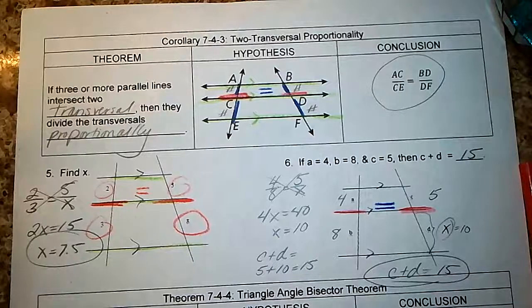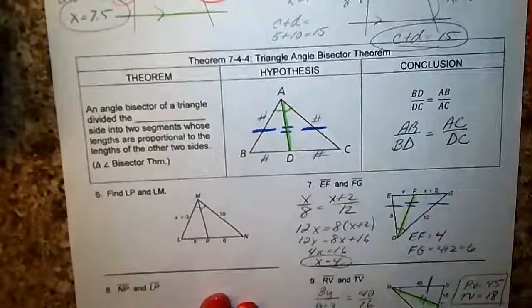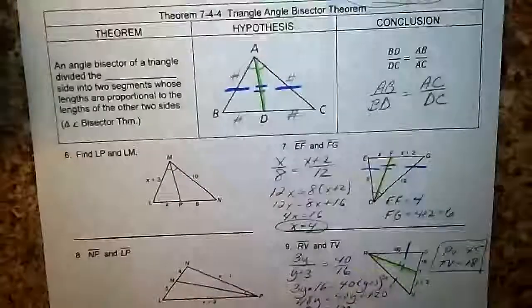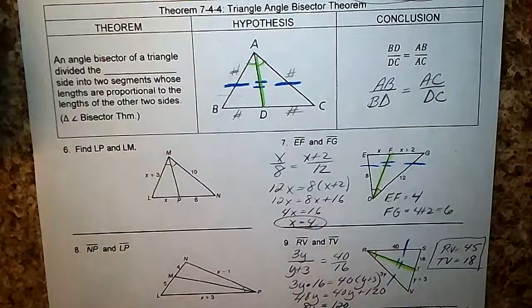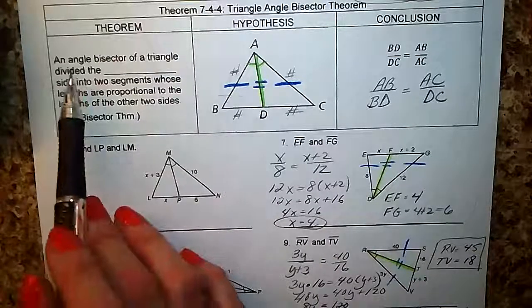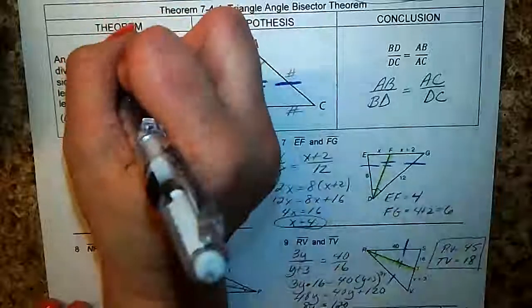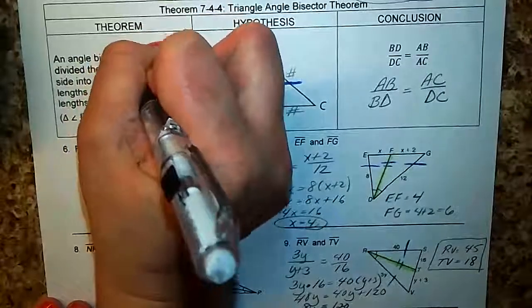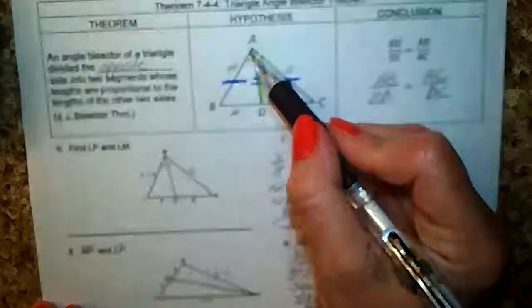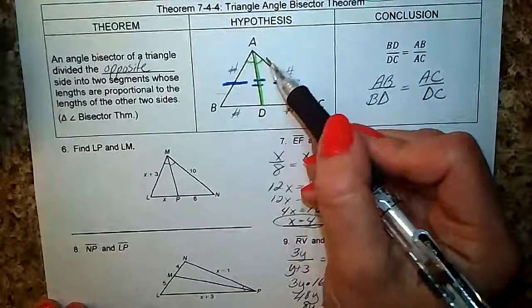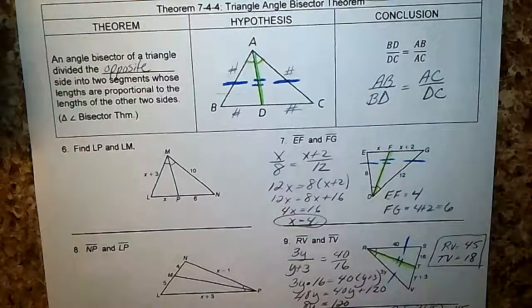Okay? Last theorem is called the triangle angle bisector theorem. And again, we're going to be using proportions on this one. Basically, all this says is, if an angle bisector of a triangle divides the opposite side, that word should be opposite. So here I have an angle bisector. We know because the two angles are equal. They're going to have to tell you it's an angle bisector.